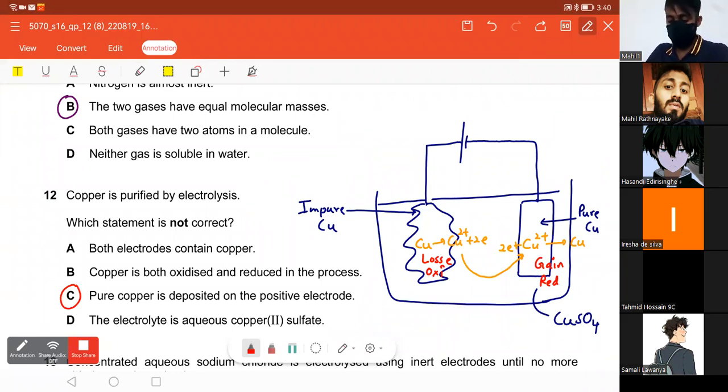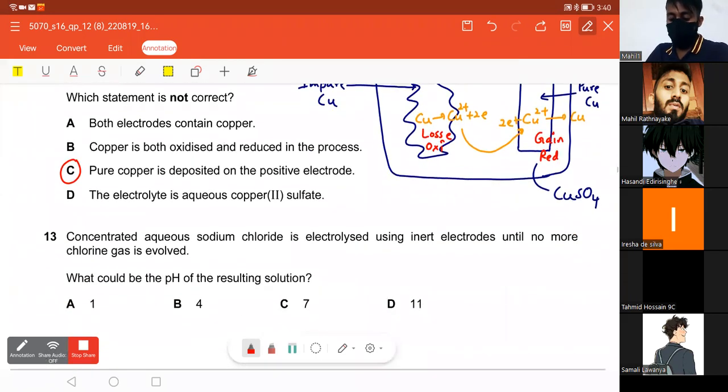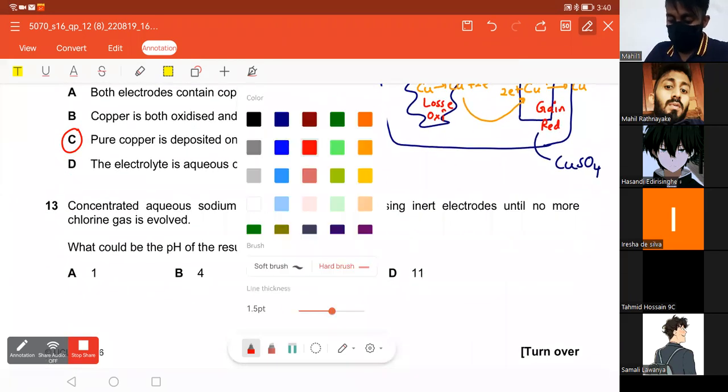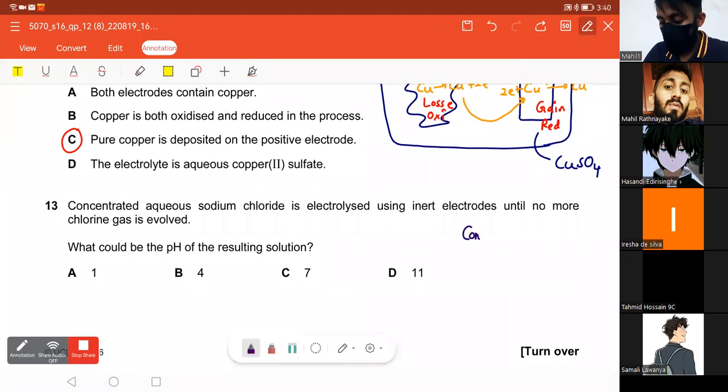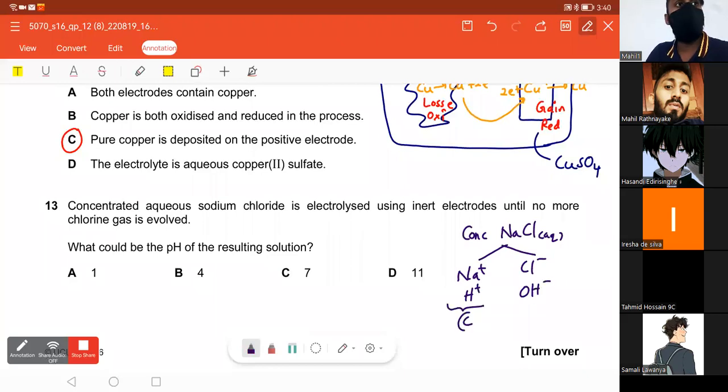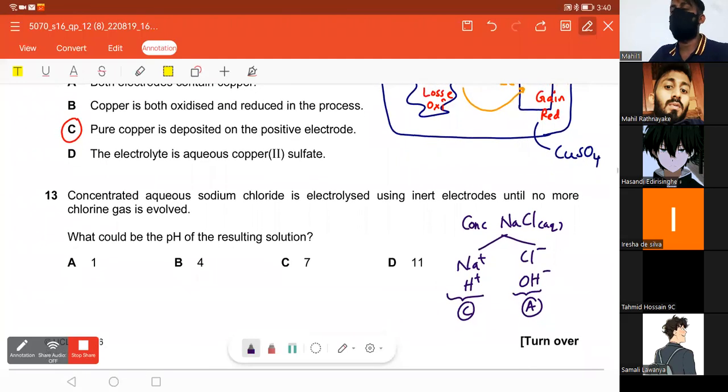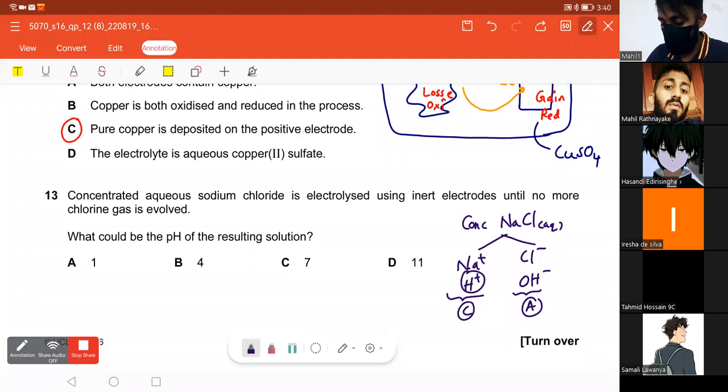Next one. Concentrated aqueous sodium chloride. Tell me one, Lamai, in aqueous sodium chloride, what ions are present? Na+, Cl-, H+, OH-. This is attracted to the cathode, this is attracted to the anode. At the cathode, which ion discharges? H+ discharges as H2.